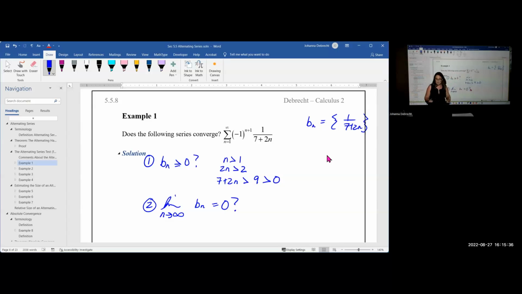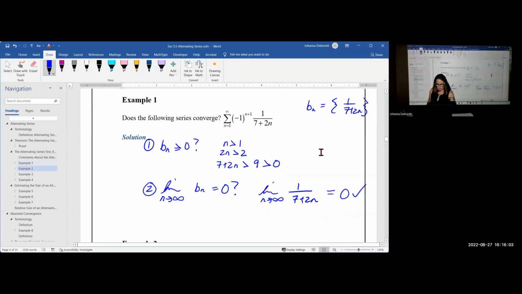So we take the limit as n goes to infinity of the sequence 1 over 7 plus 2n. As n goes to infinity, the denominator is blowing up to infinity. So we get a constant 1 divided by something that's getting larger and larger, which drives the result down to 0. So we know that it meets the second condition.